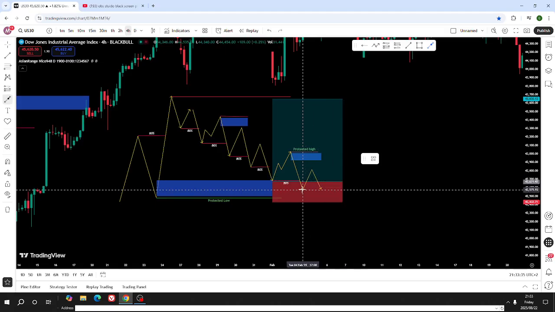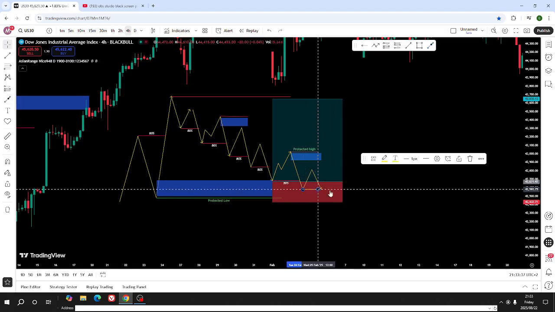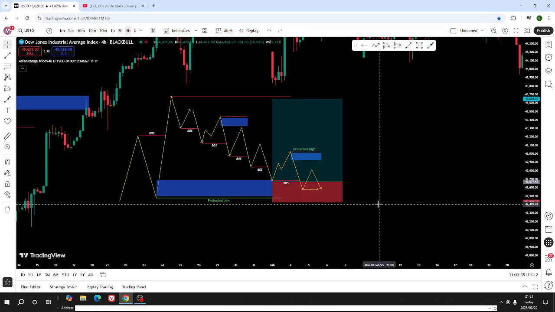Like what did I say? As long as the low is swept, then we know that we are on a good side, that the demand of the external will now hold.